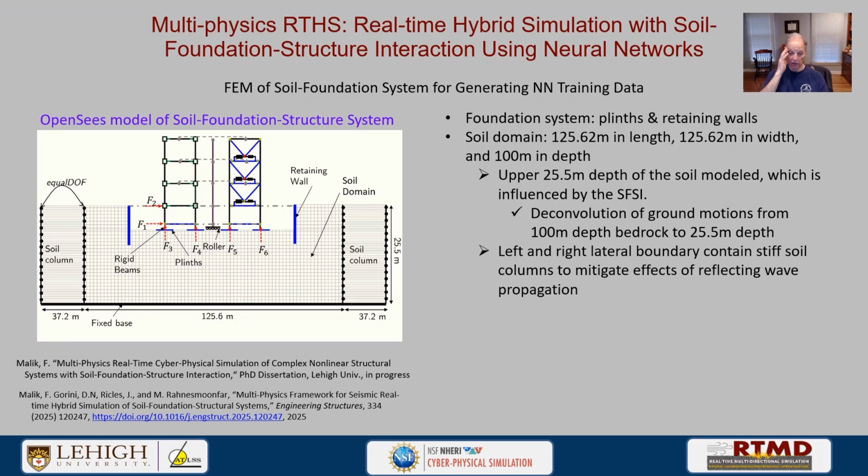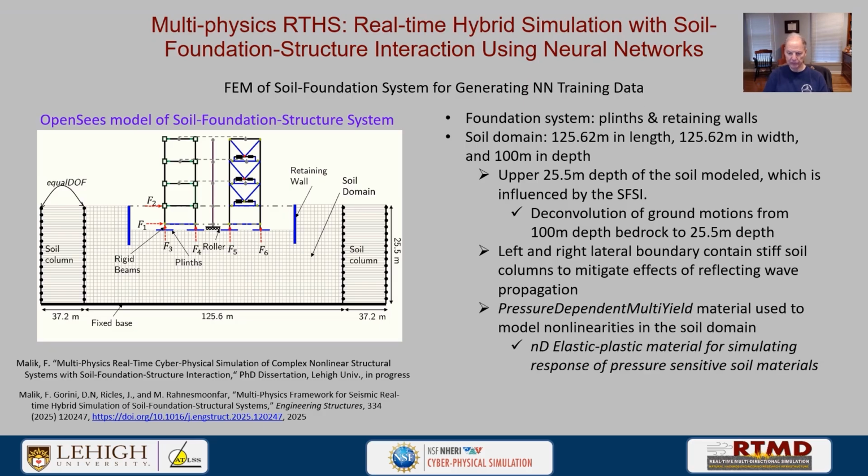Now, we've got to be careful about trapping energy in this basin, this model. So the left and right side, the lateral boundary condition, has a stiff soil column, 2 soil columns at each end to mitigate the effects of reflecting wave propagation. We don't want to get energy trapped in that domain because waves will attenuate outwards in the real world, in the real soil. And we're modeling that as such.